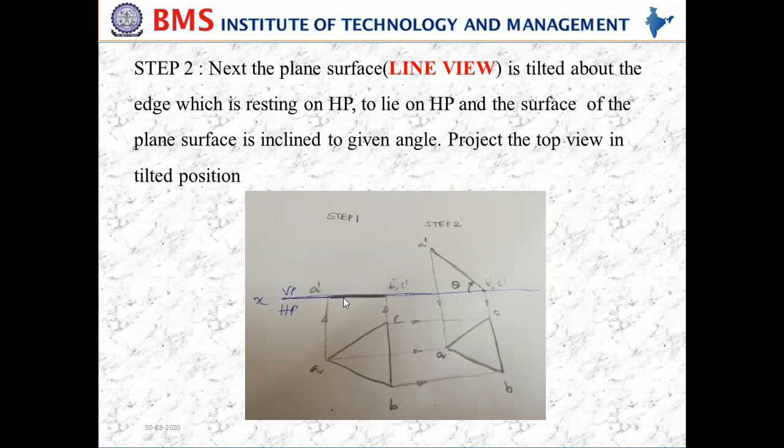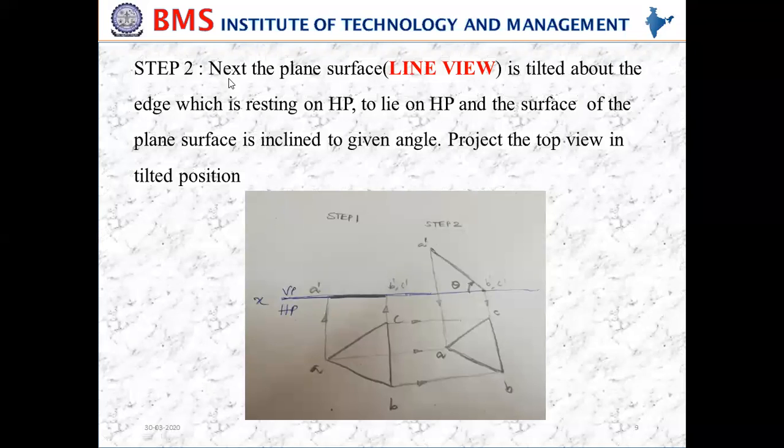So this lamina is tilted in the second step. See, look at here. This lamina A dash is moved up, but B dash C dash are still lying on the XY line. It means that this lamina is tilted about this point. That's what it says in the second step.